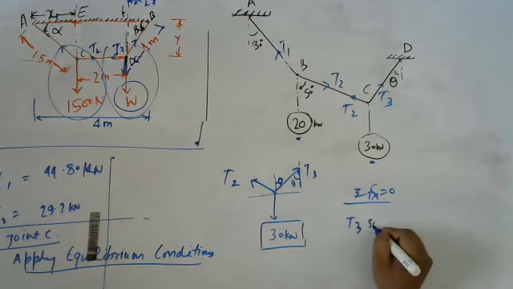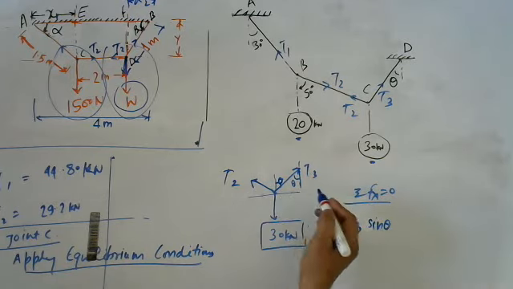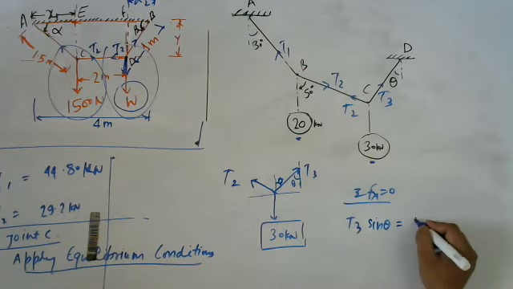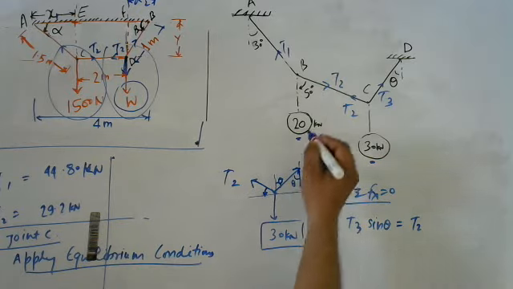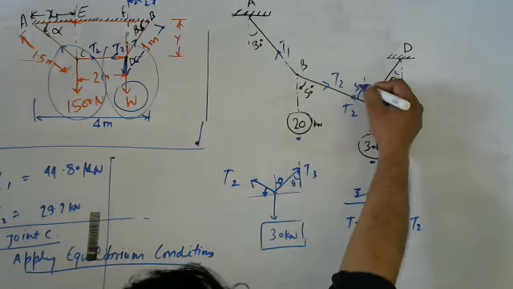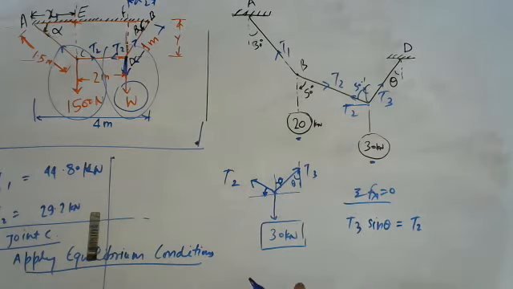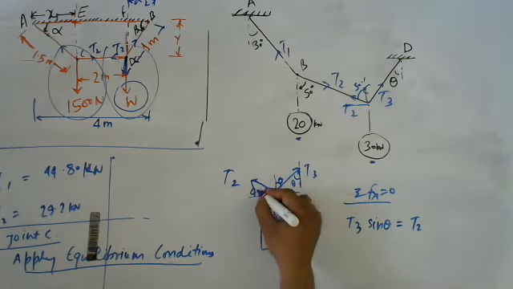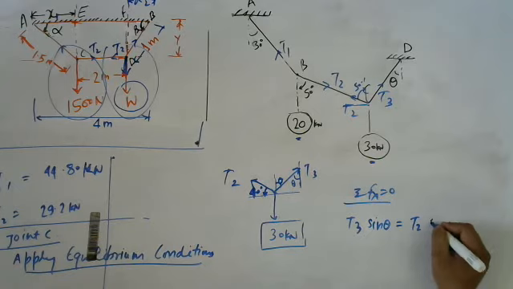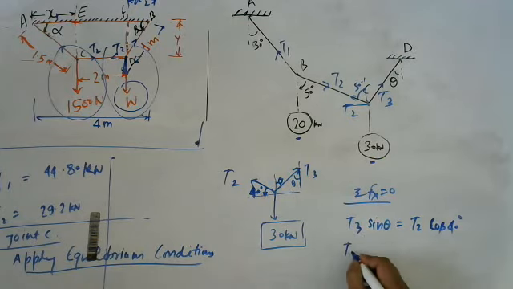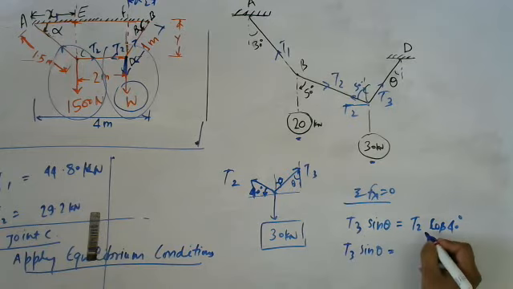So T3 sin theta will be equal to T2 times the cosine of this angle, which is known to us. If this angle is 50 degrees, that will also be 50 degrees, and this will be 90 minus 50, or 40 degrees. So T2 cos 40 degrees will be the equation. From here, T3 sin theta is equal to T2 cos 40.